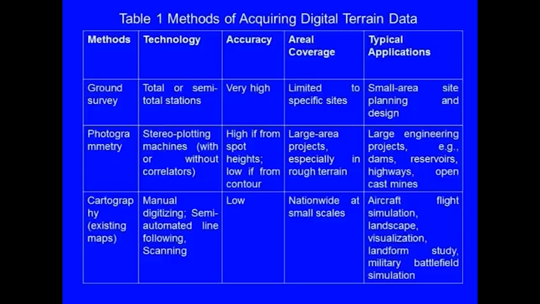However, it has a very distinct advantage that it provides a large area coverage, that is at the level of nationwide at small scales. The typical applications of this type of method could be aircraft flight simulation, landscape visualization, landform studies, military battle simulations.